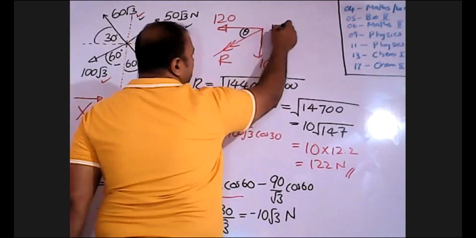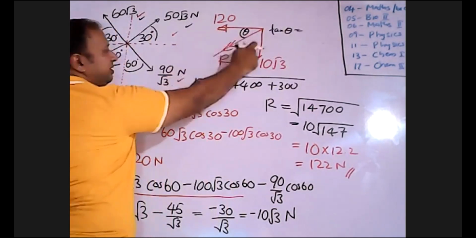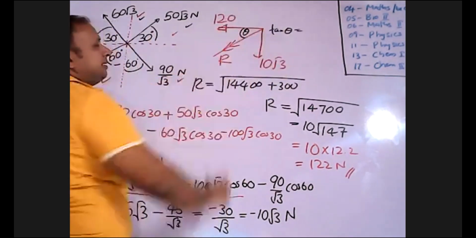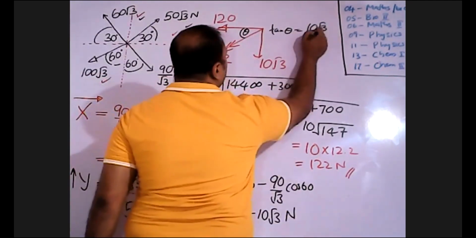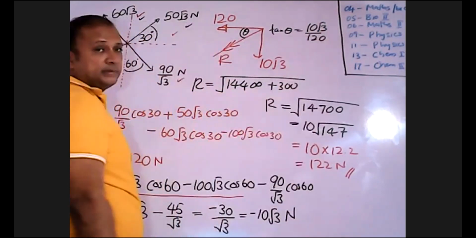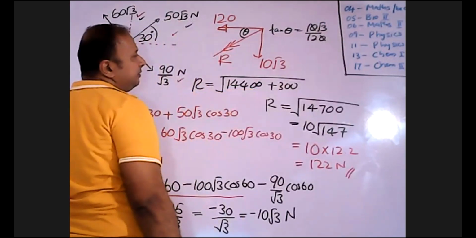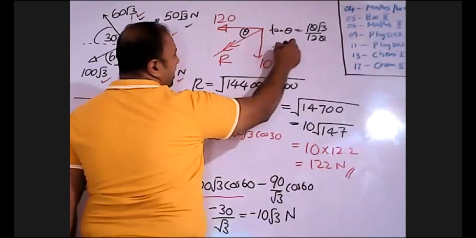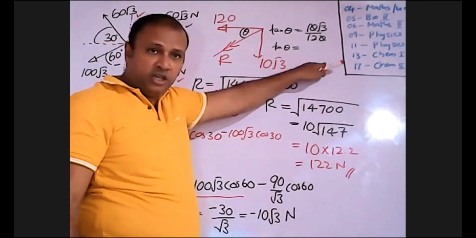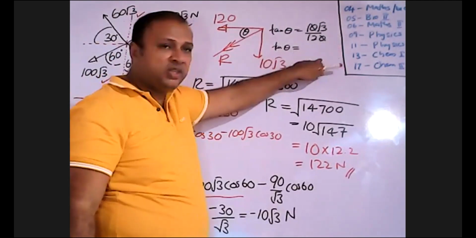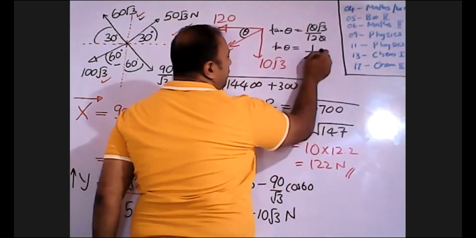Therefore, tan theta is equal to the opposite side over the adjacent side, which is 10 root 3 over 120. 12 can be written as 4 into 3, so 3 and root 3 will be cancelled out. That means 1 over 4 root 3.